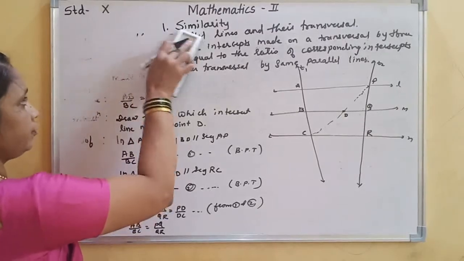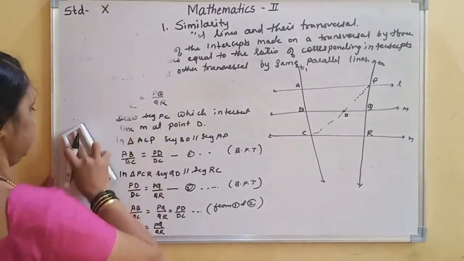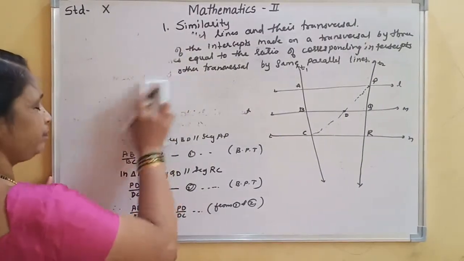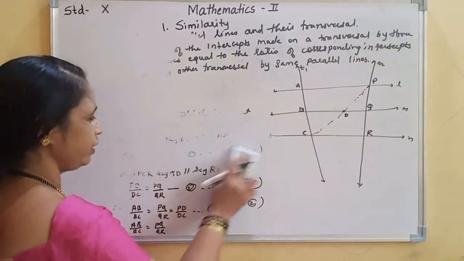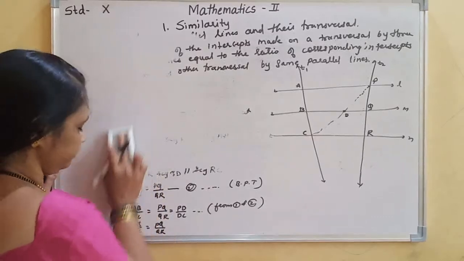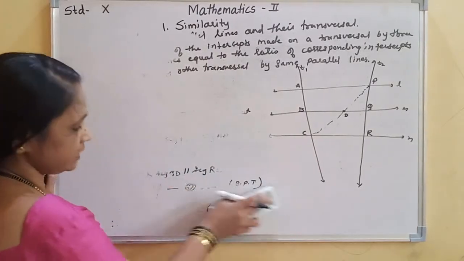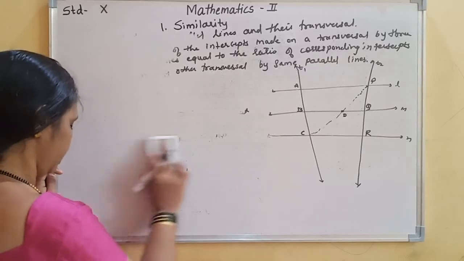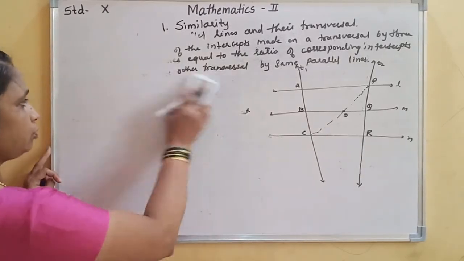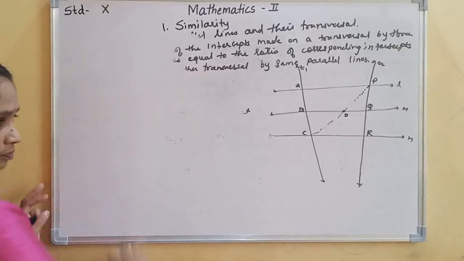Now we will see practice set 1.2, first example. In the first example what is given? The figures are drawn and you have to identify.